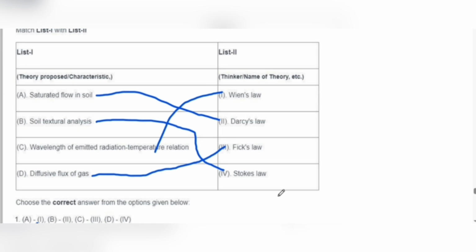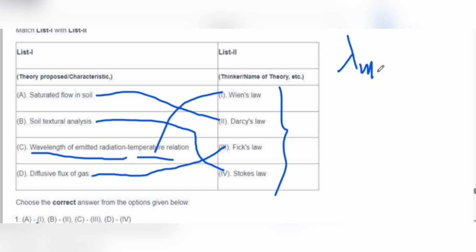So here you have to thoroughly read about all these laws. You have to be very, very clear about these basic laws of soil physics, where I will give you an initial explanation. Wien's displacement law is the law that governs the wavelength of the emitted radiation, that is the wavelength of the maximum emitted radiation to temperature, and it is denoted by lambda max.